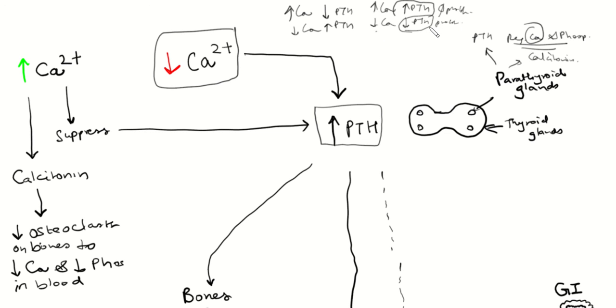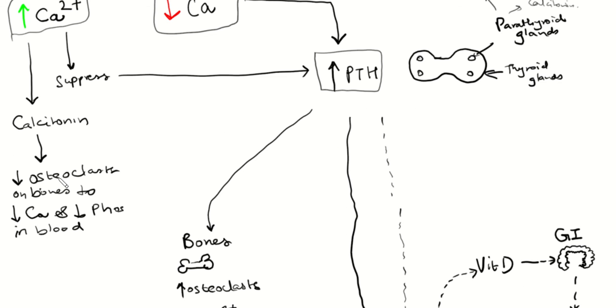With low calcium, you're expecting the parathyroid hormone to upregulate, to be produced more, to have a higher level, so that it can then bring it back to normal. And vice versa. If you have high calcium, you want the parathyroid hormone to be running low, right? Additionally, if your calcium runs high, it causes the parathyroid glands to produce calcitonin.